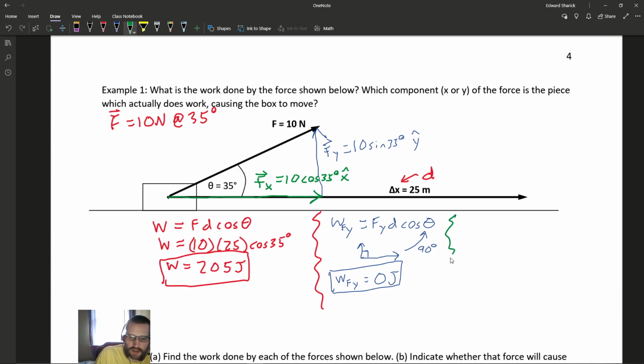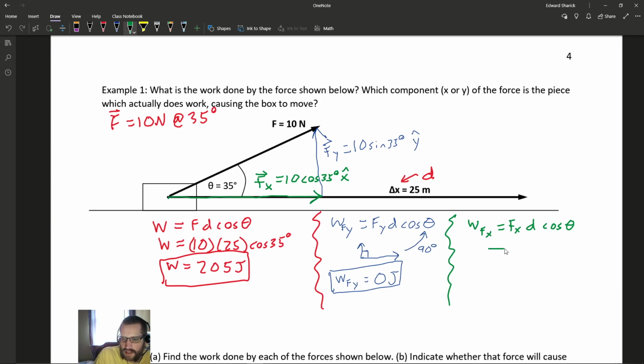But if we look at the x component here, then now I see something interesting happening. So the work of force x equals Fx, distance, cosine of theta, and this time this is the angle between Fx and delta x.